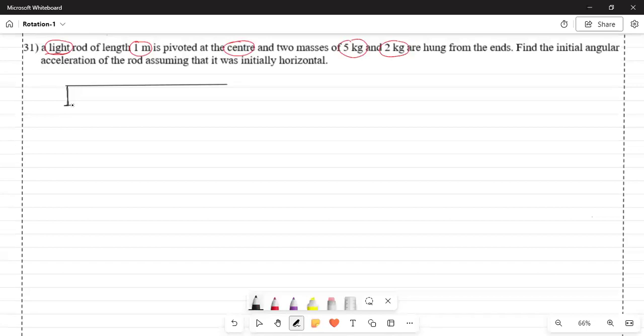There are two masses. One mass is a 2 kg mass. Let's say it is 2 kg hung here. And another is a 5 kg mass, a little bigger. The 5 kg mass.